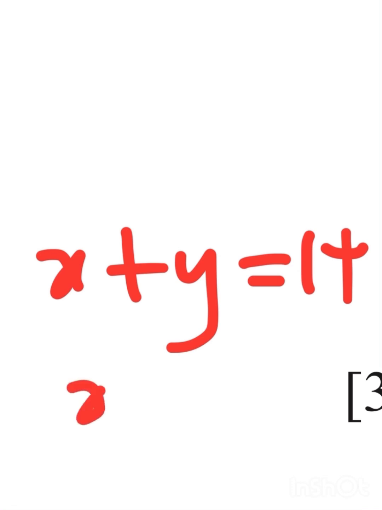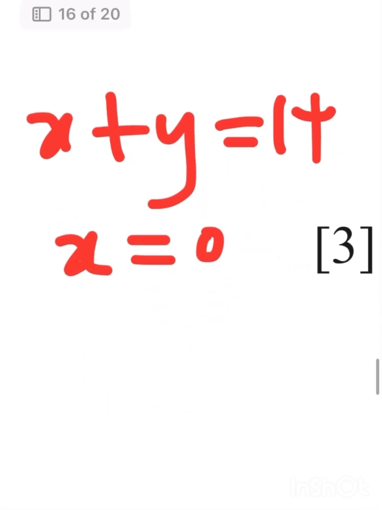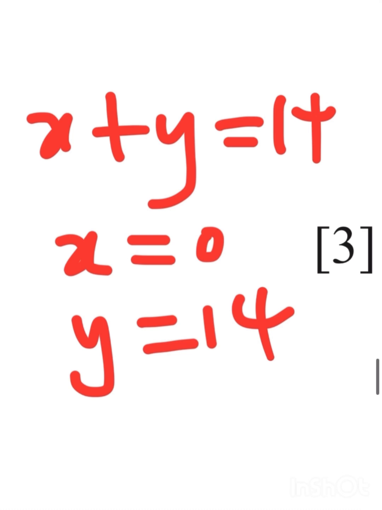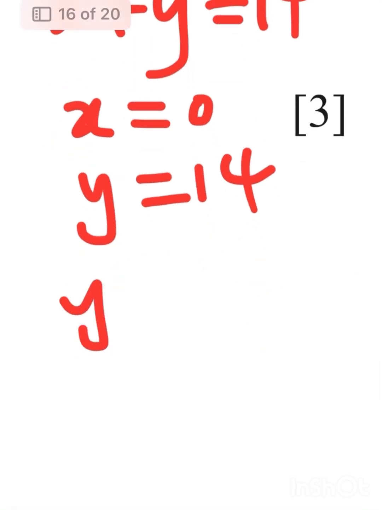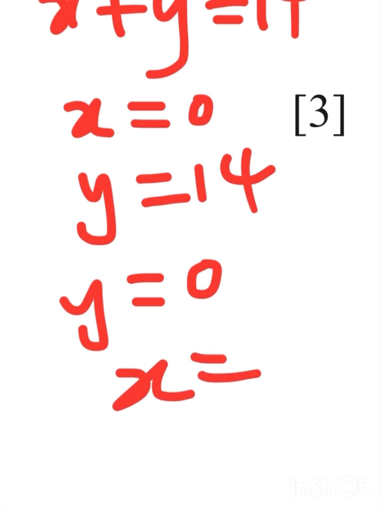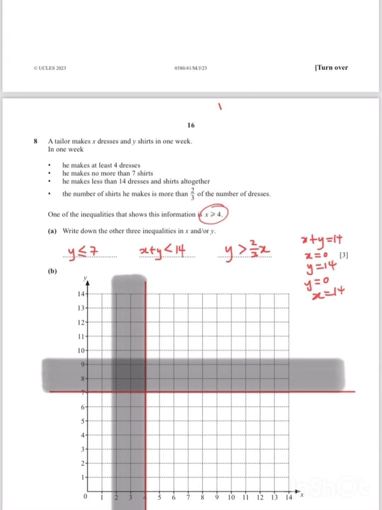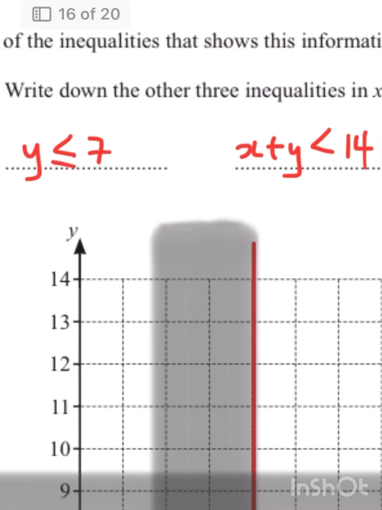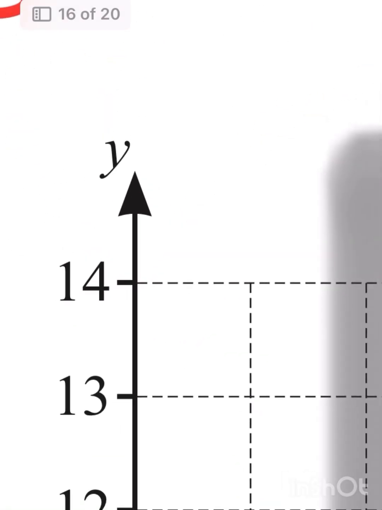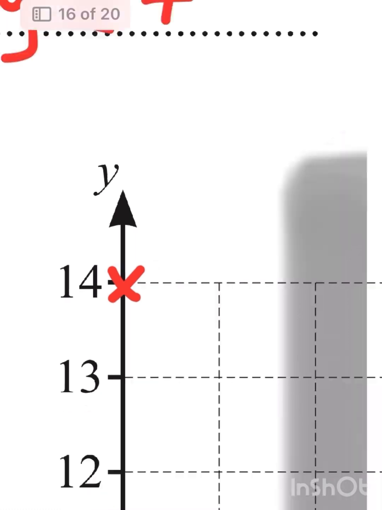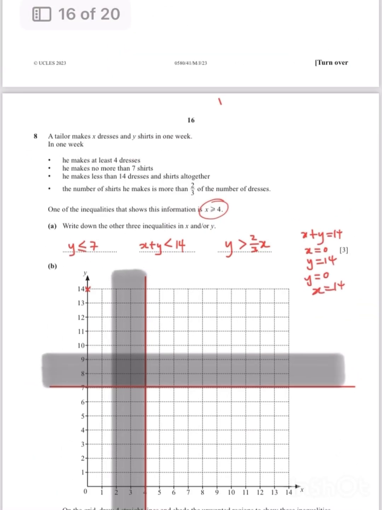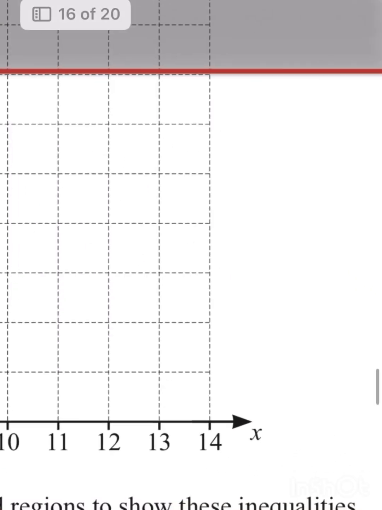So when x is equals to 0, y is equals to 14, and when y is equals to 0, x is equals to 14. So I've got the coordinates now for x and y. So here are the coordinates at 14 here, 0 and 14, then 14 and 0 here.